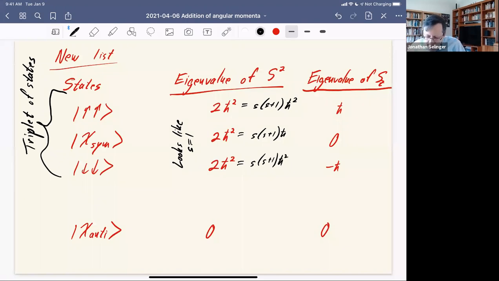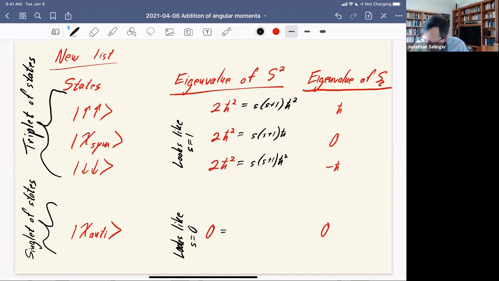Okay. And likewise, down at the bottom, this is what people call a singlet of states, meaning just one state. And it looks like S equals 0, right?